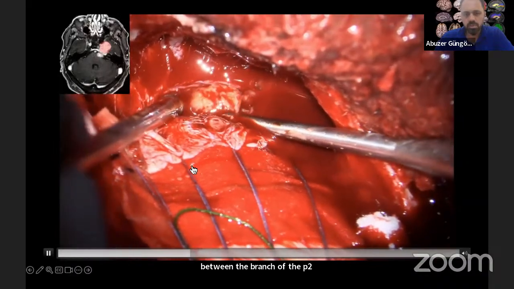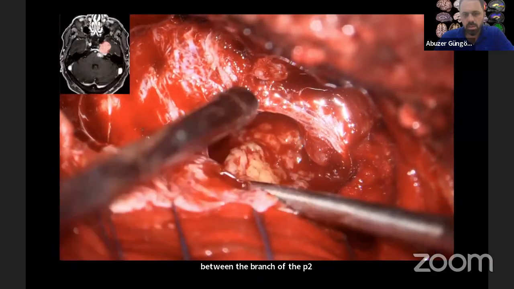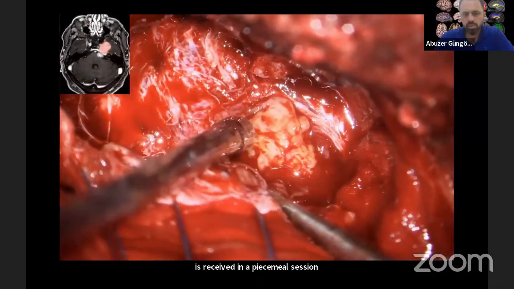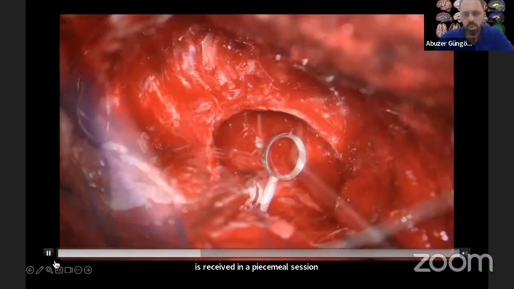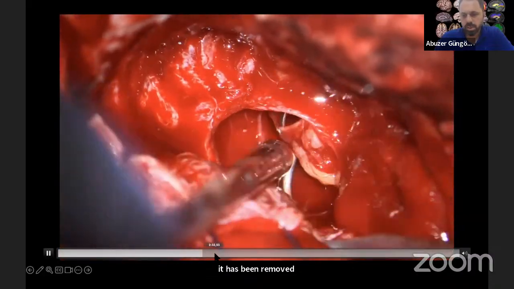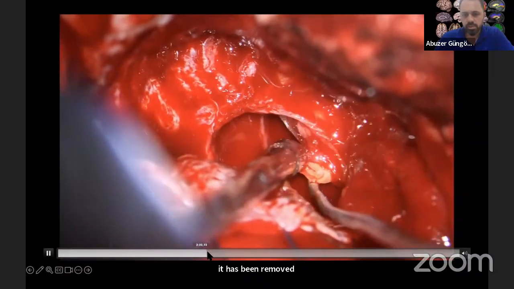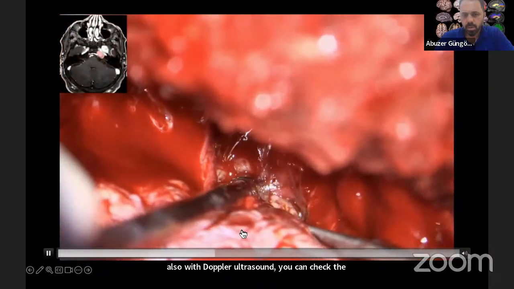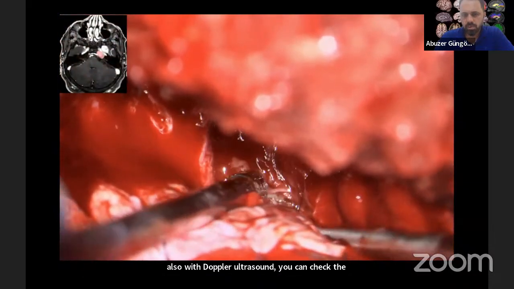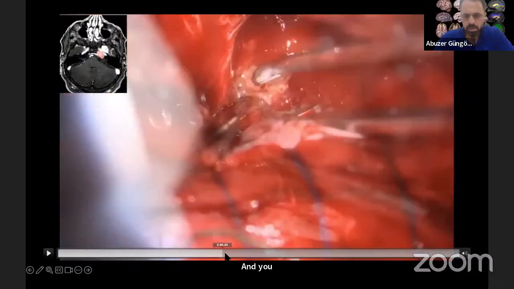As you see, in a piecemeal fashion, it is being removed. Also, with Doppler ultrasound, you can check the localization of the carotids during the operation. As you see, we always use gentle movements.